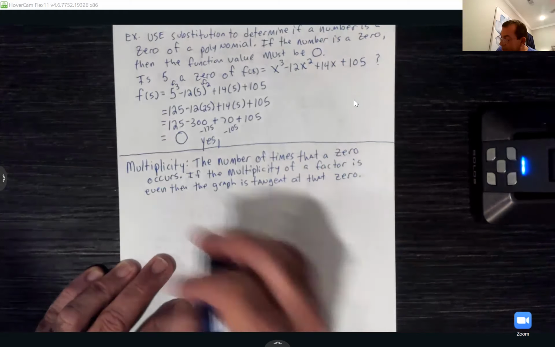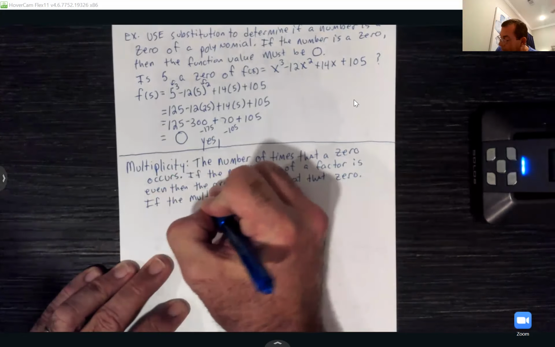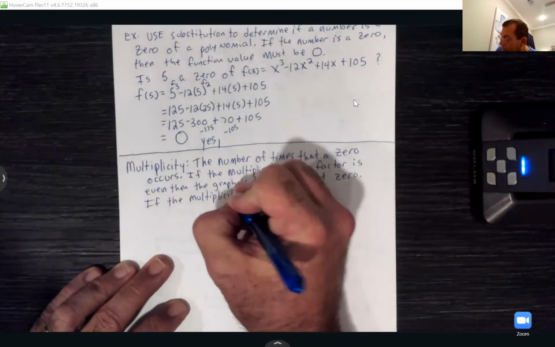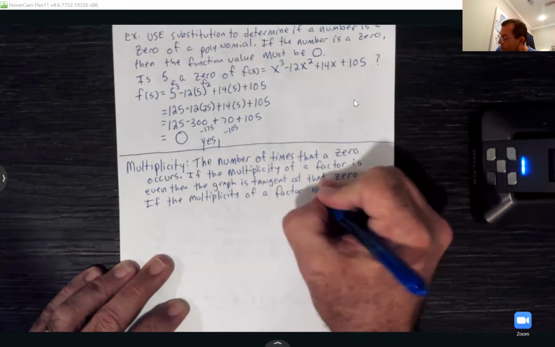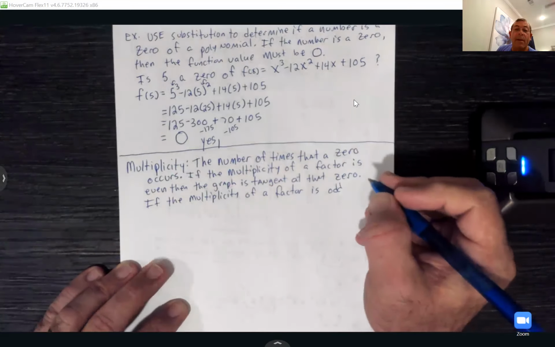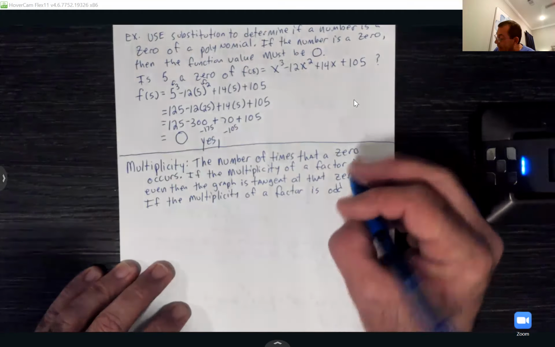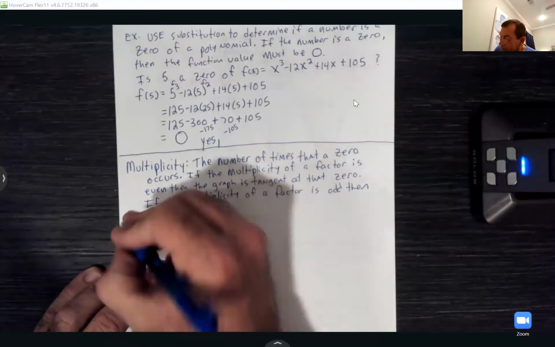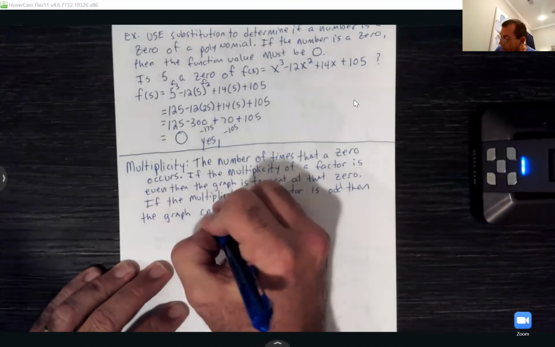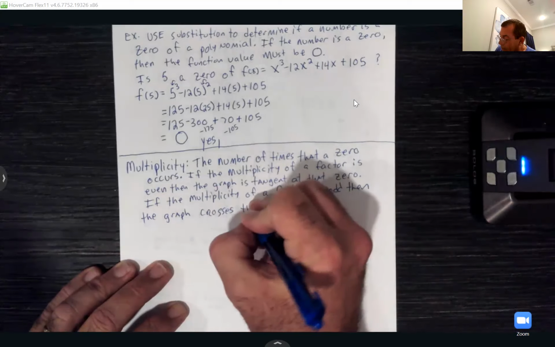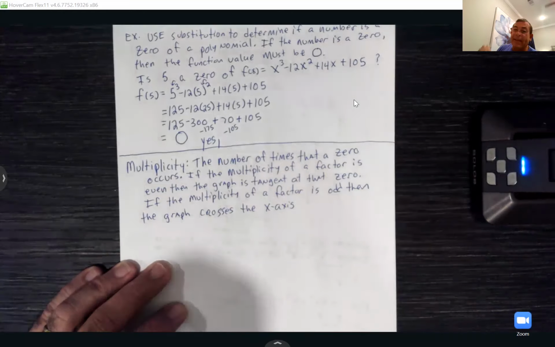If the multiplicity of a factor is odd, then the graph crosses the x-axis at that 0.